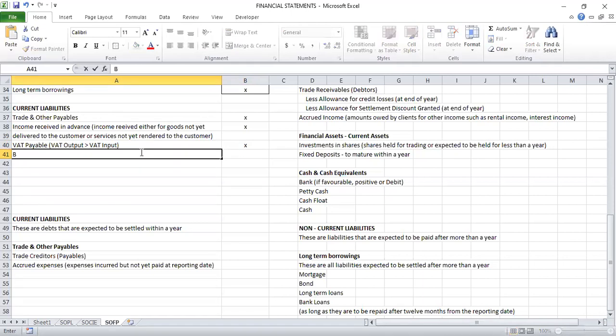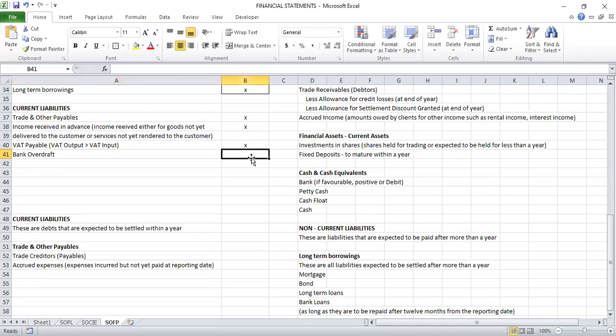We also have bank overdraft. If our bank is negative, that will be part of the current liabilities. Sometimes we call it other financial liabilities instead of bank overdraft.